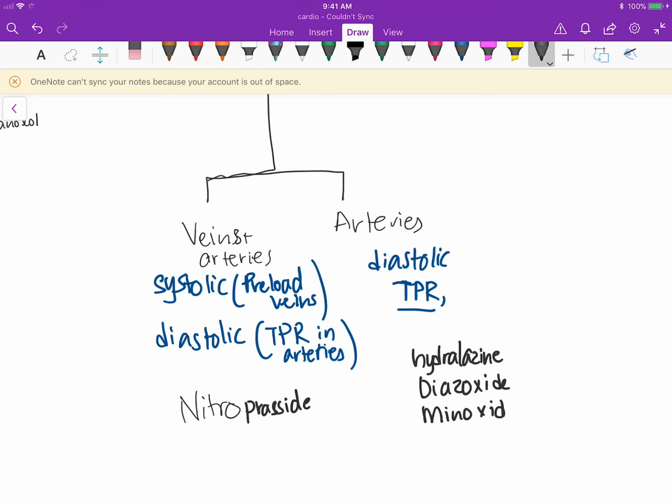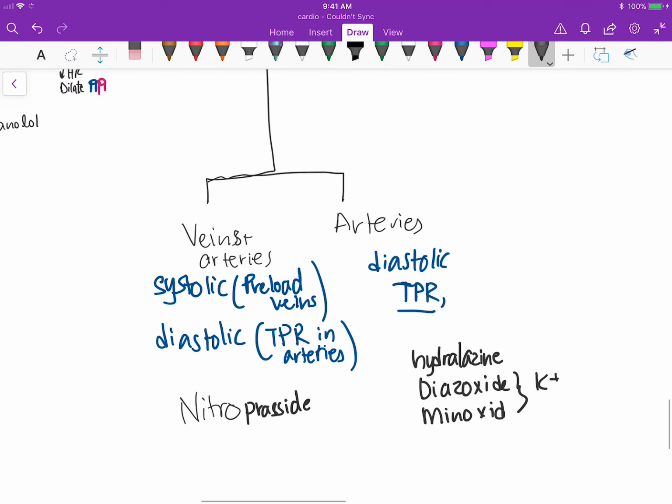So remember, minoxidil and diazoxide, the mechanism is potassium channel opening, and hydralazine and nitroprusside work by releasing nitric oxide.